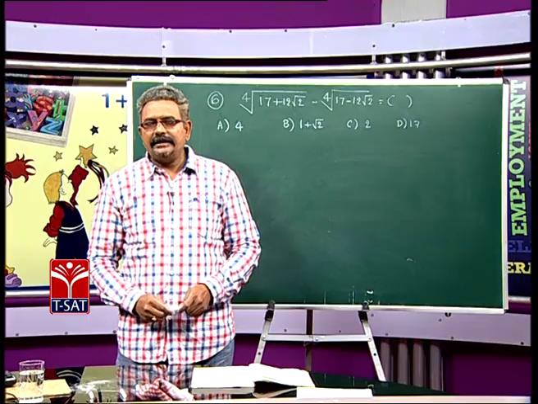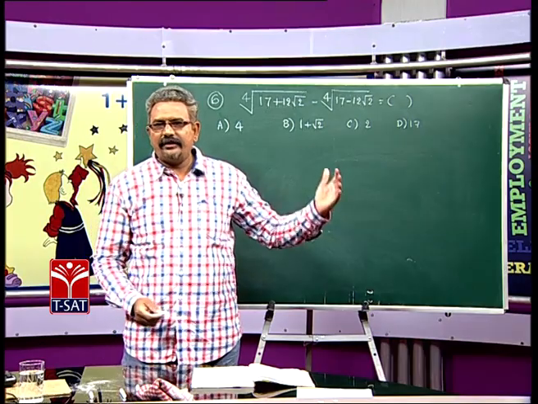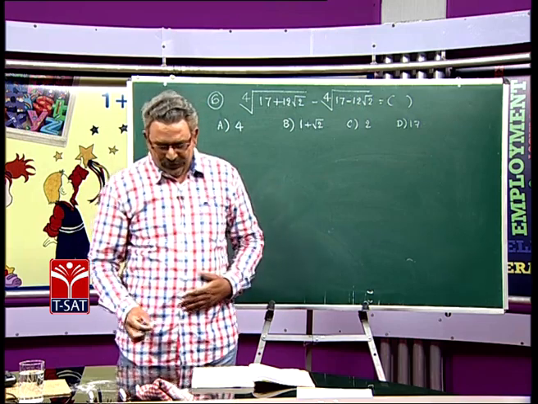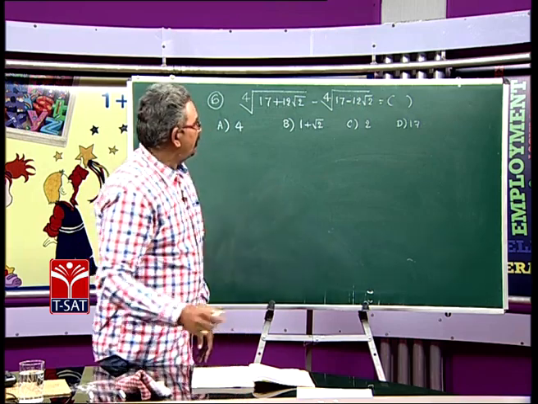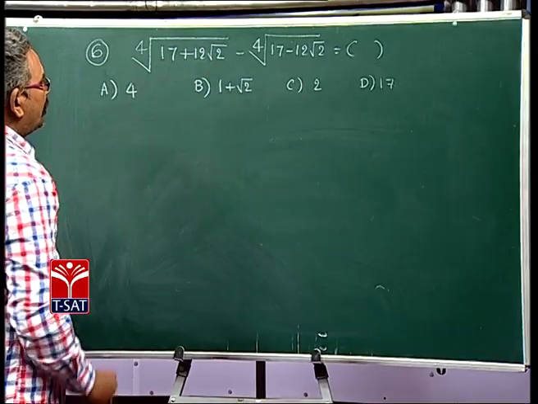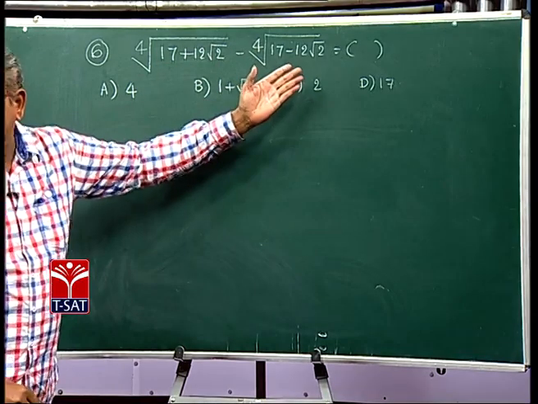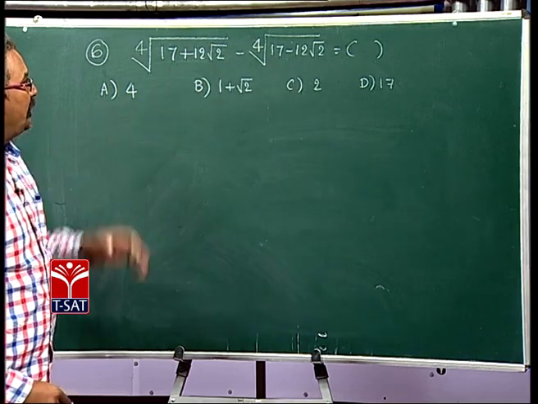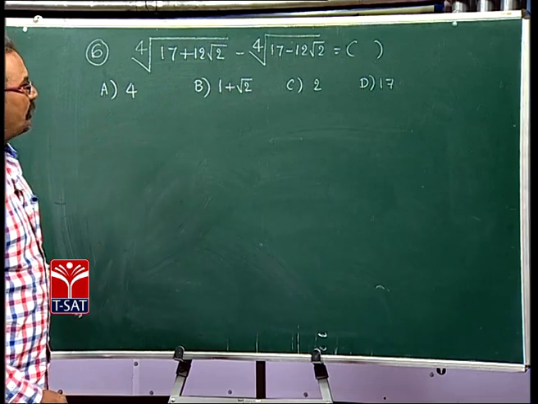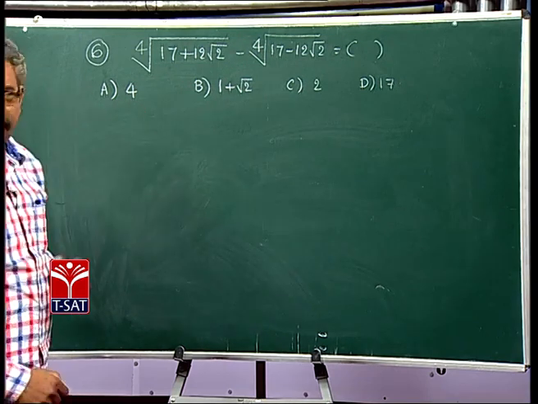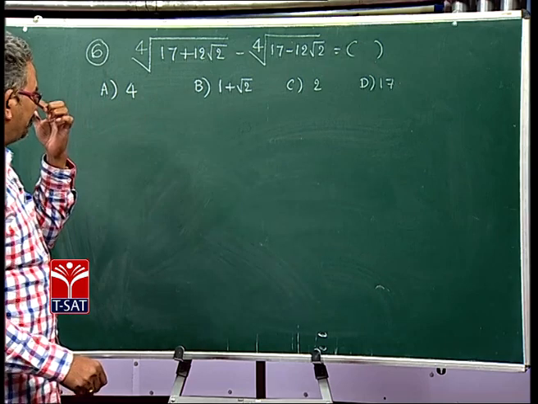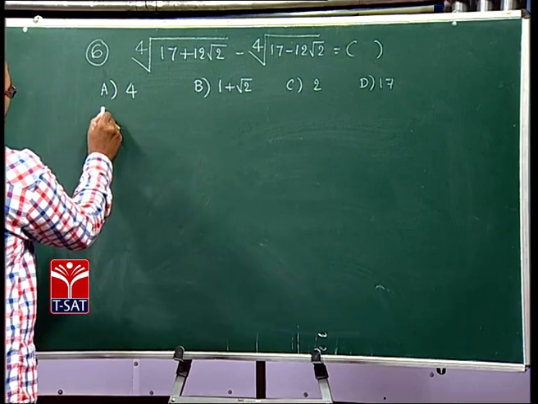So this is also based on the fourth root of a surd only. First let us find out the fourth root of 17 plus 12 root 2. After that, the conjugate of this one only. Then we have to subtract the fourth root of 17 minus 12 root 2 from the fourth root of 17 plus 12 root 2.